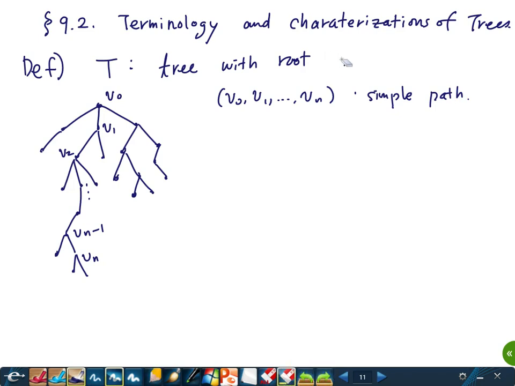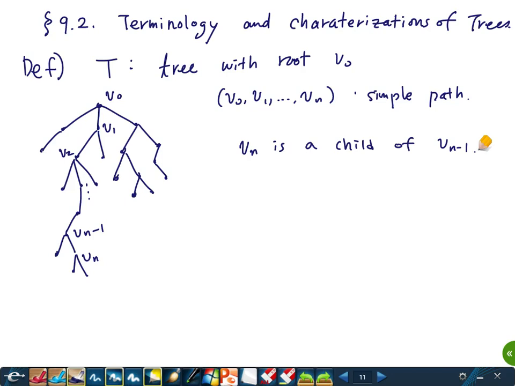Let's say V0, not R0. Vn is called a child of Vn minus 1. Of course, Vn minus 1 is a child of Vn minus 2, etc. V1 is a child of V0.